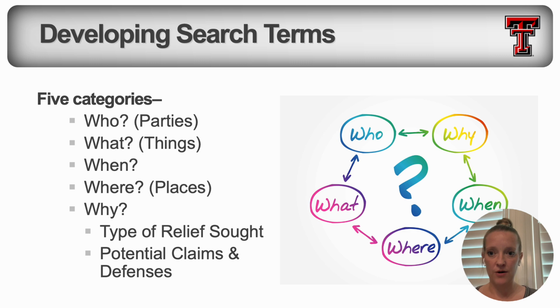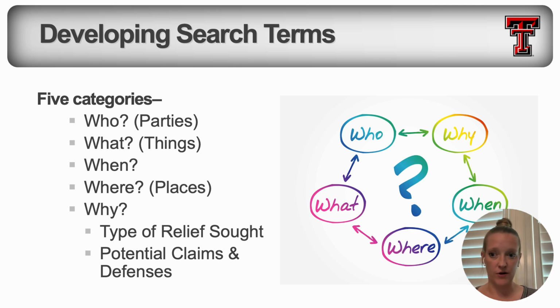So we talked about thinking about potential terms and phrases, right? Using those to create effective keywords or search phrases. One way to look at this is thinking about those 5 categories that you learned about in grade school. So within our legal problem, we can be thinking about who is at issue, right?